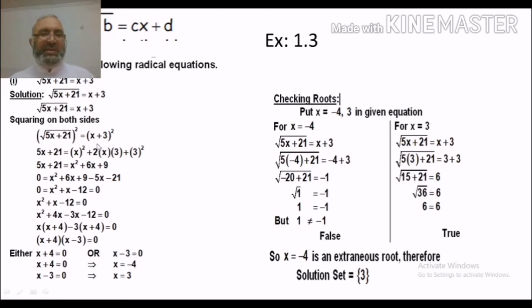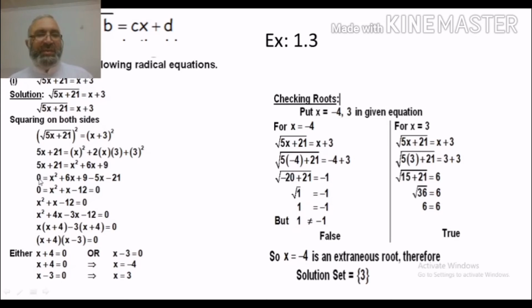A plus b squared means a square plus b square plus 2ab. So that becomes x square plus 2 into a term into b term plus b square. This becomes on the right side x square plus 6x plus 9. Now again transforming all the terms to one side, left or right.